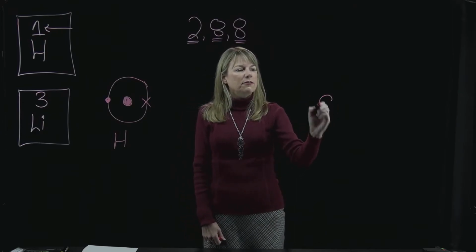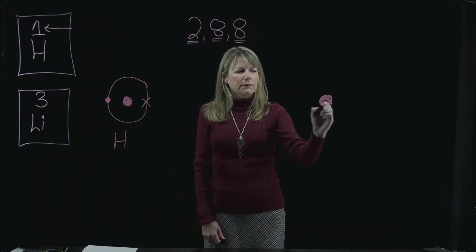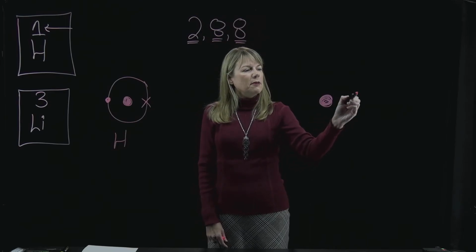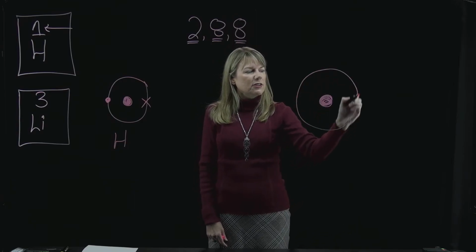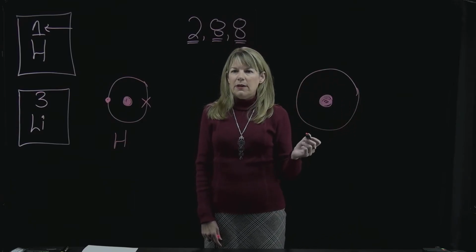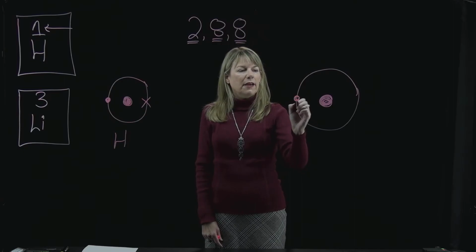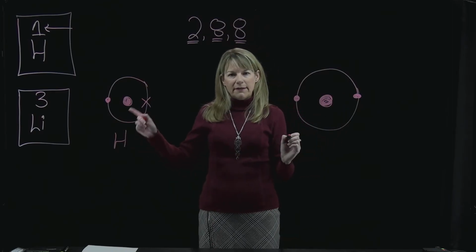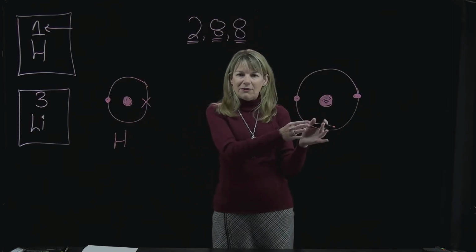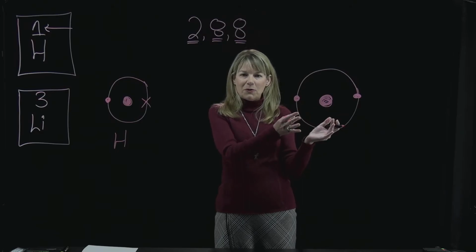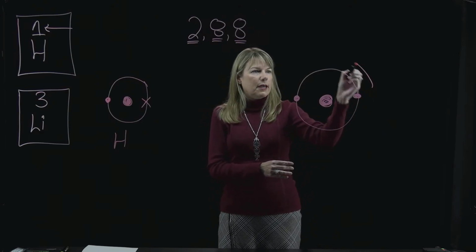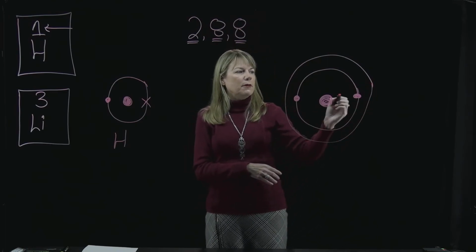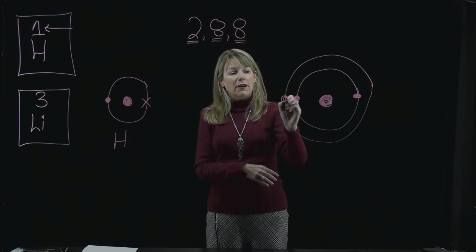Well, again, I'm going to start with the nucleus. That's my atomic nucleus. And I'm going to sketch in the first energy level. And for this one, I know that I have 2 electrons that need to go in there. But when I look at lithium, I've got that third electron. Well, it can't go in this first energy level. It's now full. So what do I do? I sketch my second energy level, and I'm going to go ahead and put in my third electron.